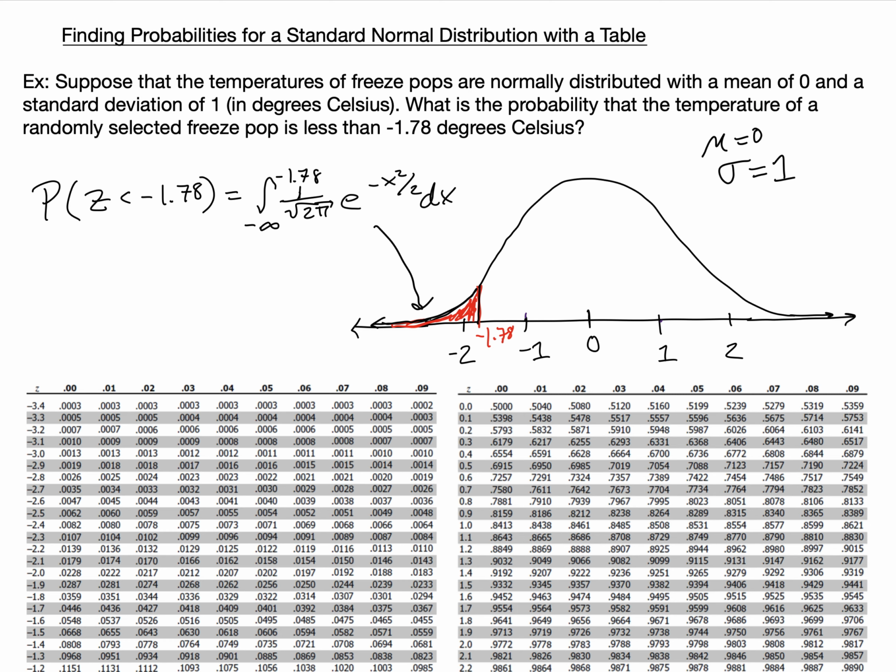Therefore, some tools available are tables or calculators that have this property, or different web calculators. And in this particular video, we're going to focus on finding these probabilities using a table.